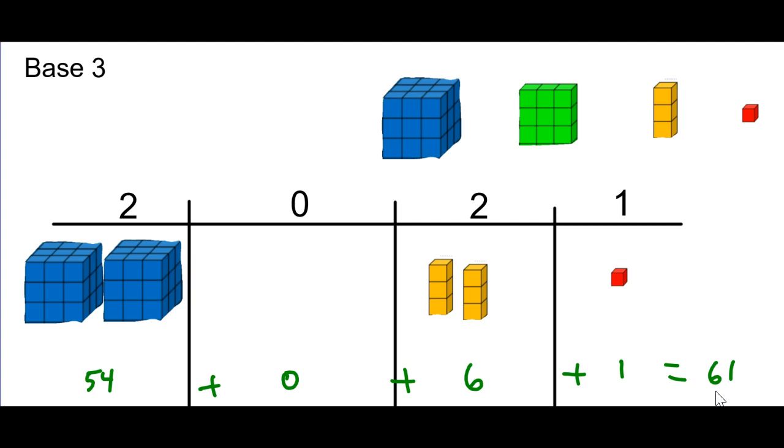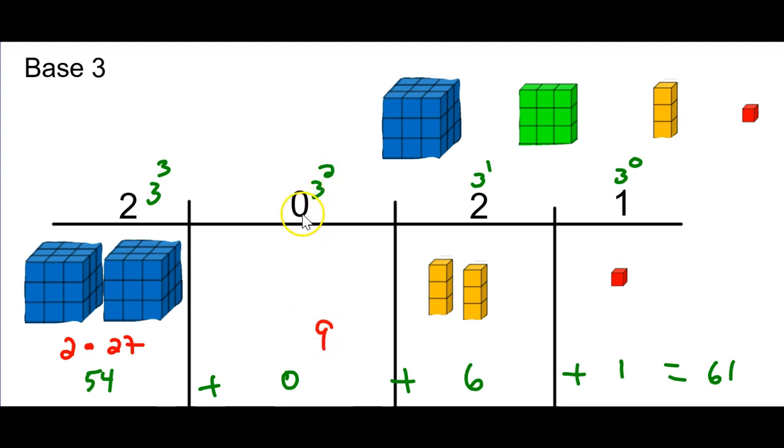So once again, we can see that this place digit in 3s is 3 to the 0, 3 to the first, 3 squared, and 3 cubed. What's 3 cubed? It is 27. How many 27s do I have? I got 2 of them. So it's 2 times 27, which is 54. What's 3 squared? It's 9.